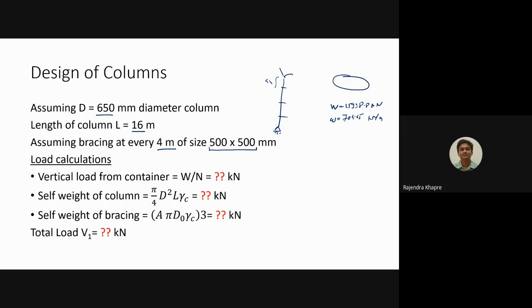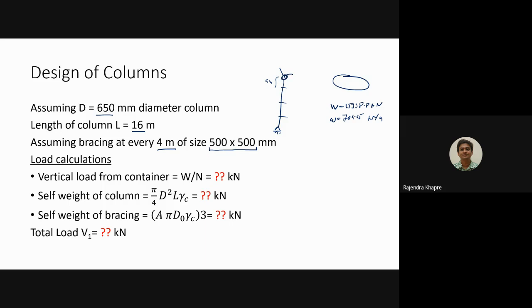Do you remember this? Please cross check your notes and see whether you are getting these values or not. Is it fine? Yes, sir. Okay, so this was the total load which was coming at this joint.